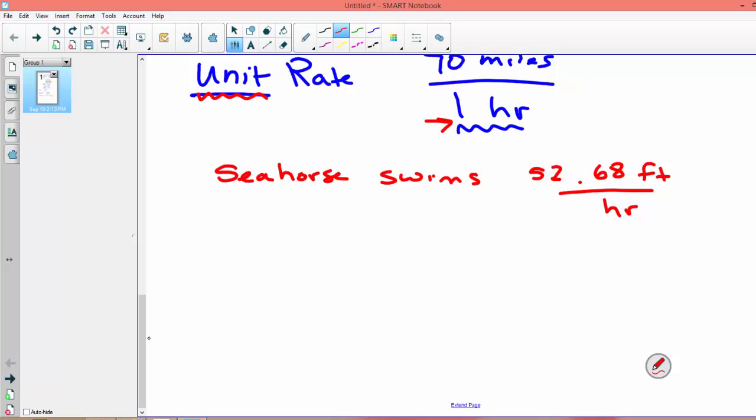And we want to convert that to inches per second. All right. First, we're going to convert the hours to minutes and then the minutes to the seconds. So I'm going to just rewrite this problem.